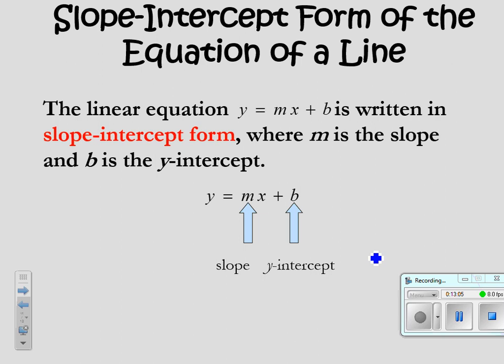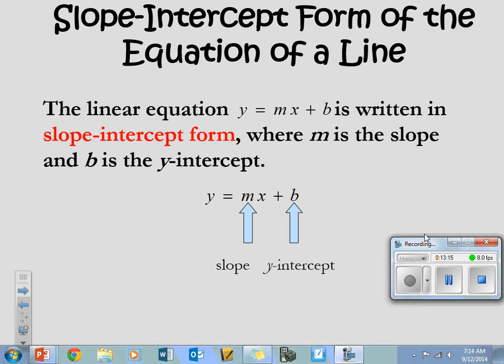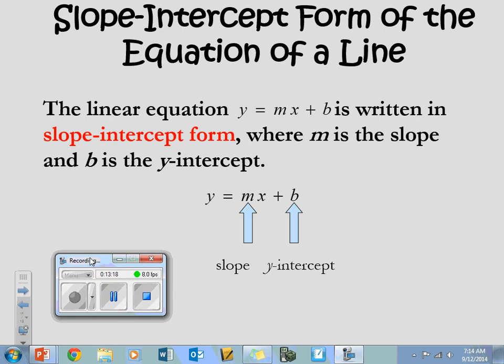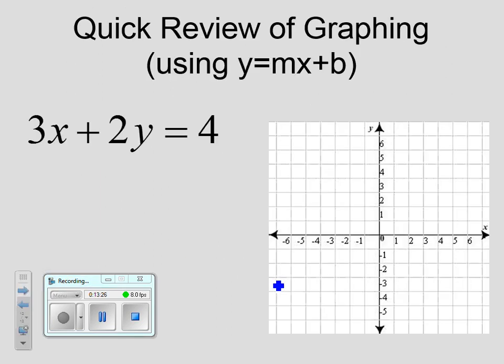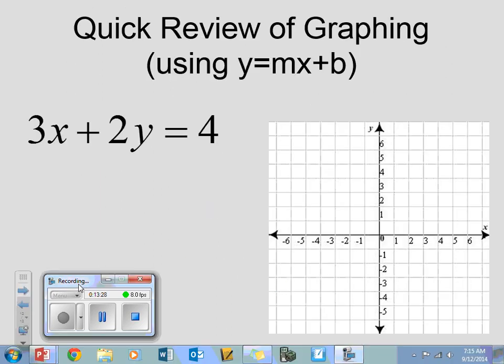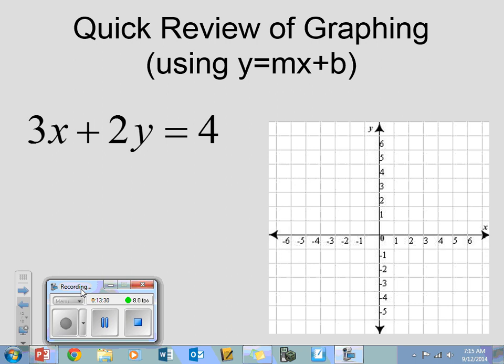I'd write that pretty big in my notes, and I'd make sure that I know that slope is the number in front of the x. It does not include the x, but it is the number in front of the x. So we are going to go ahead and use this y equals mx plus b to graph a line. Let's do a quick review of graphing using y equals mx plus b.